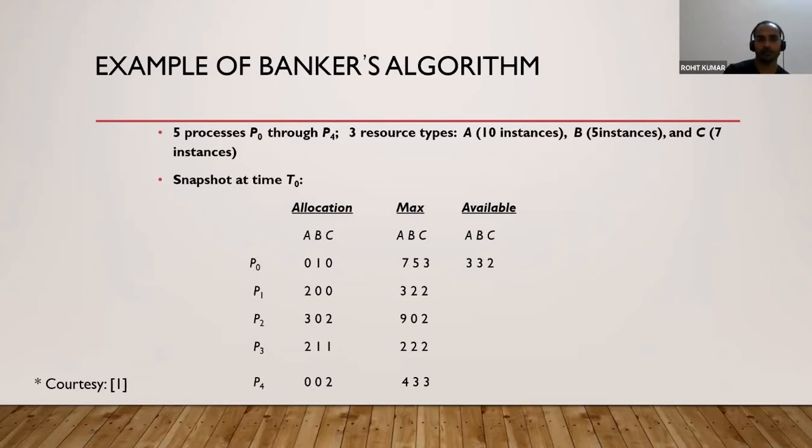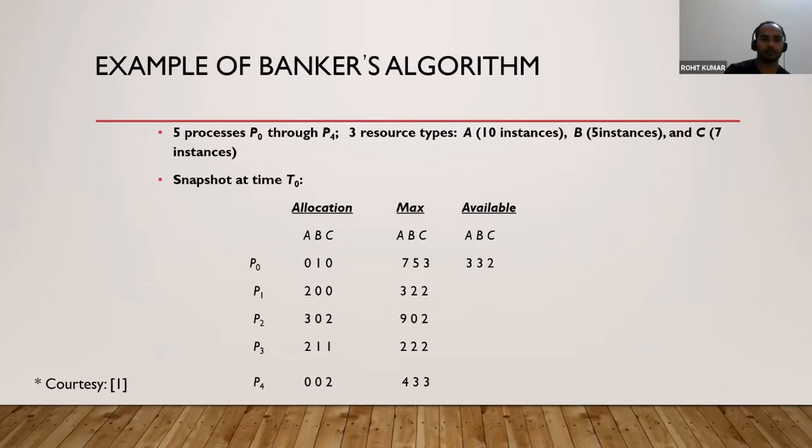So for process P0, we need 6 instances of resource type A, 4 instances of resource type B, and 3 instances of resource type C more.